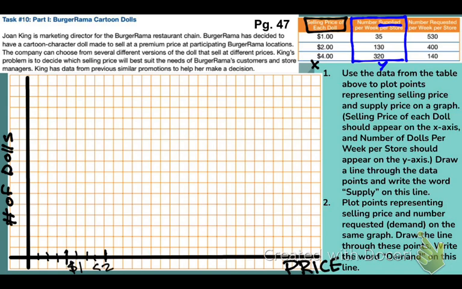So every 4 squares, I'm going to have $1. And that's helpful too, because now we know that every line is 1/4 of $1, which is 1/4.